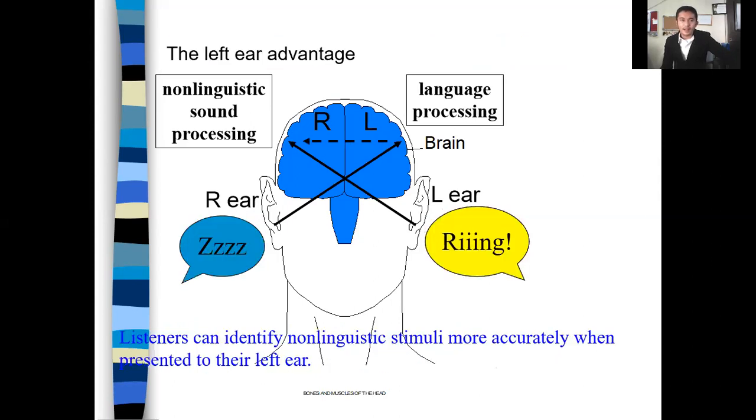Whereas using the left ear as an advantage, the left ear hears the word ring and the right ear hears another word. The ears will recognize more the word ring, because it will be processed by your right hemisphere of the brain, which is concerned with non-linguistic sound processing.